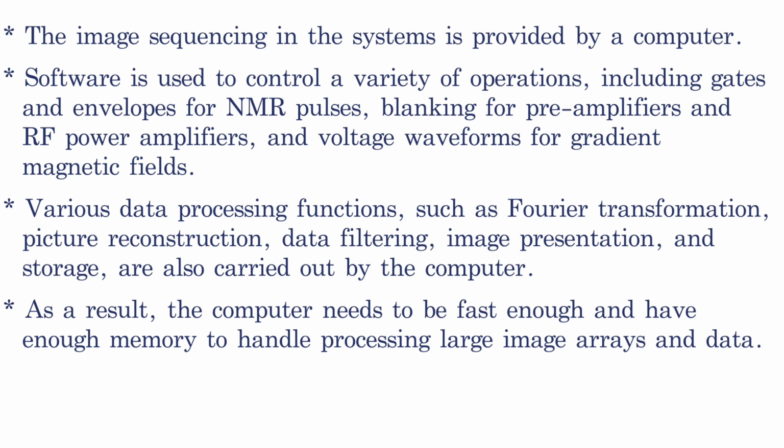Various data processing functions such as Fourier transformation, picture reconstruction, data filtering, image presentation and storage are also carried out by the computer. As a result, the computer needs to be fast enough and have enough memory to handle processing large image arrays and data.